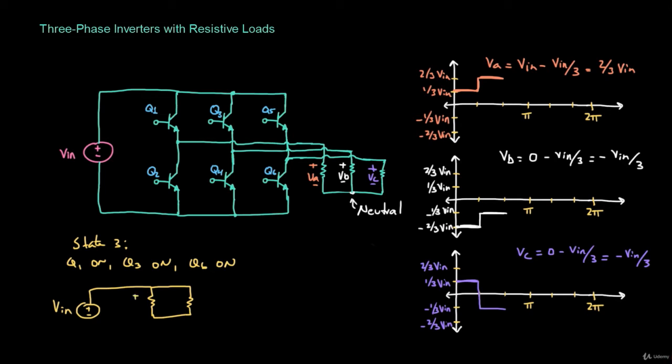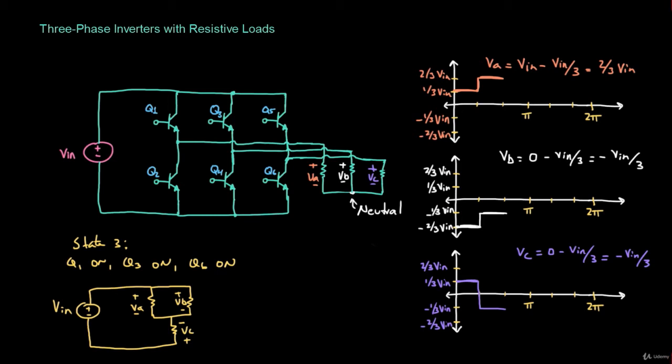So this is going to be VA over here and VB over here. And then we also have Q6 on. So we know that the positive terminal of VC is connected to the negative terminal of Vn. So now this is going to be VC over here, and then again, minus plus VC.